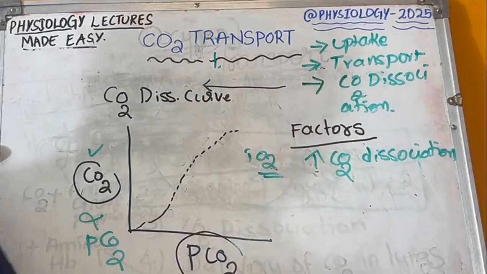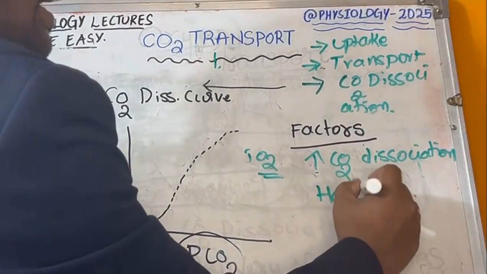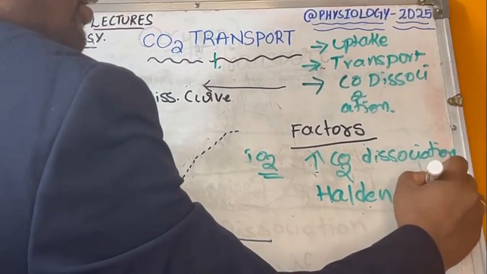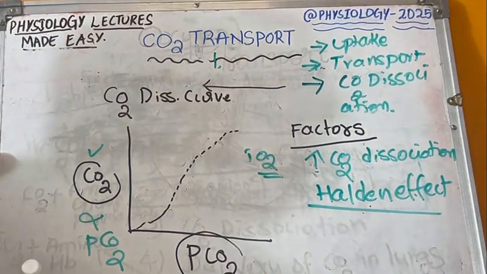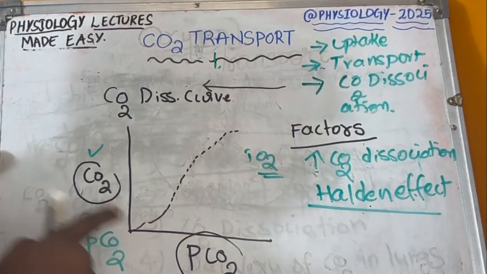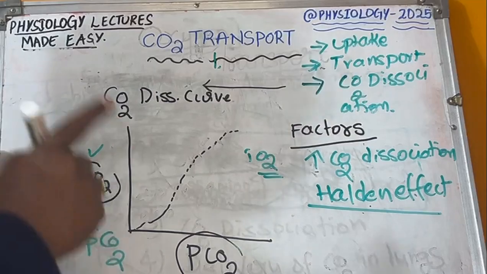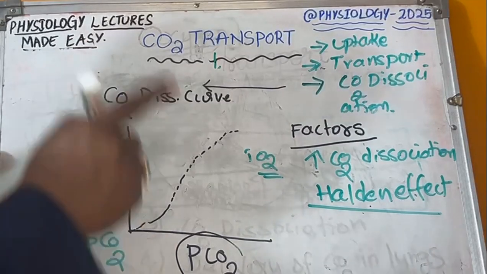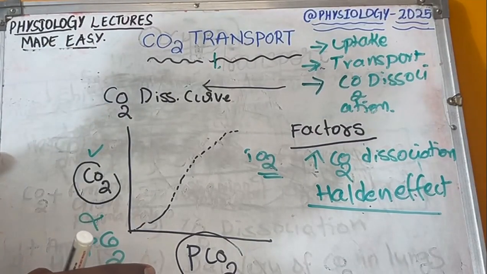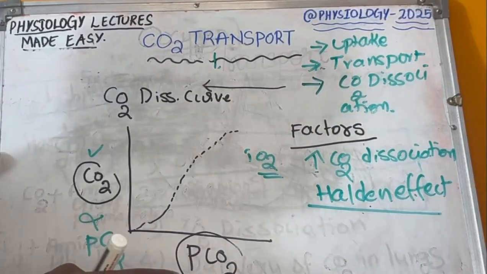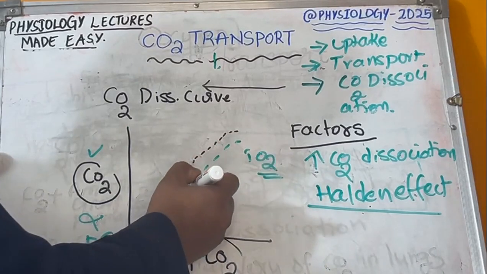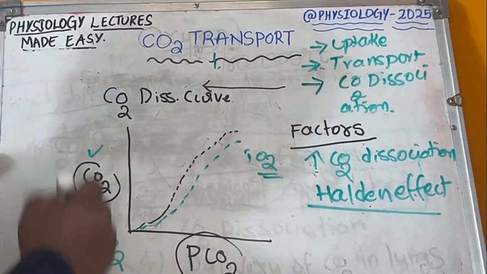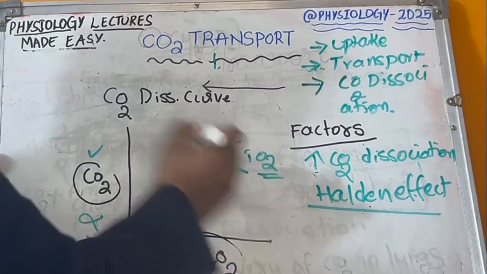This effect is called the Haldane effect. Very, very important viva question and multiple choice question. What is the meaning of the Haldane effect? Loading of oxygen in the lungs dissociates the CO2, where the curve is shifted towards the right due to oxygen.